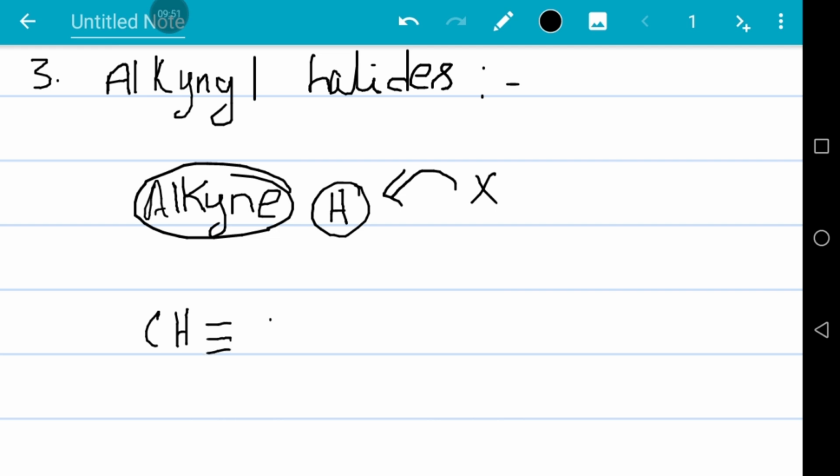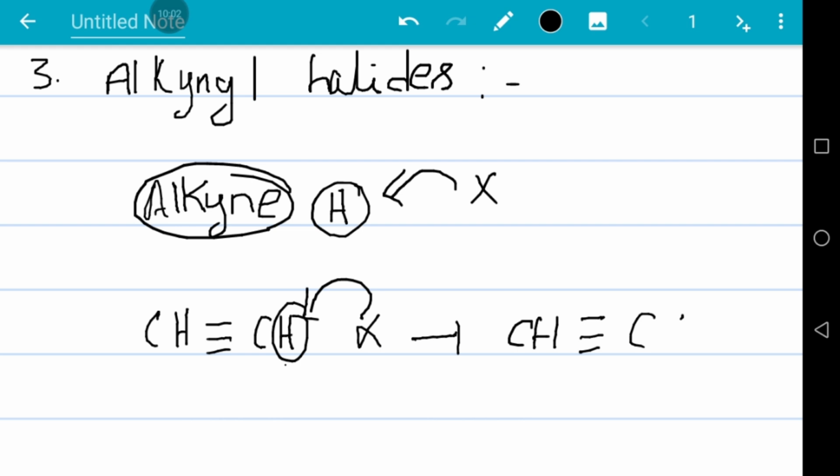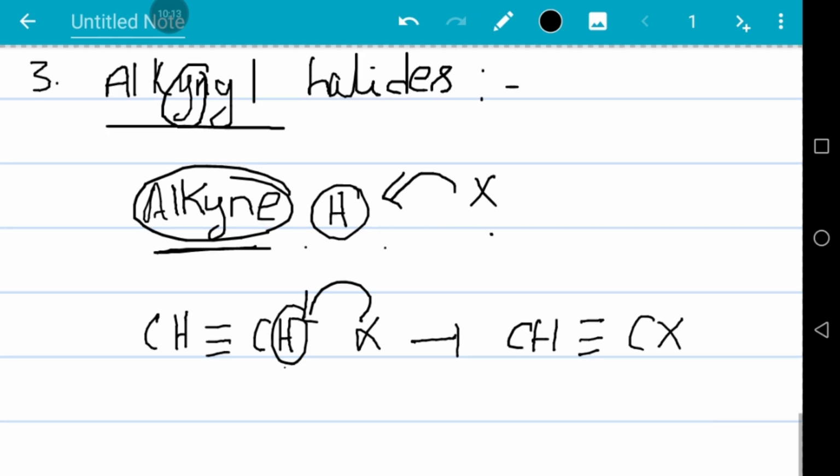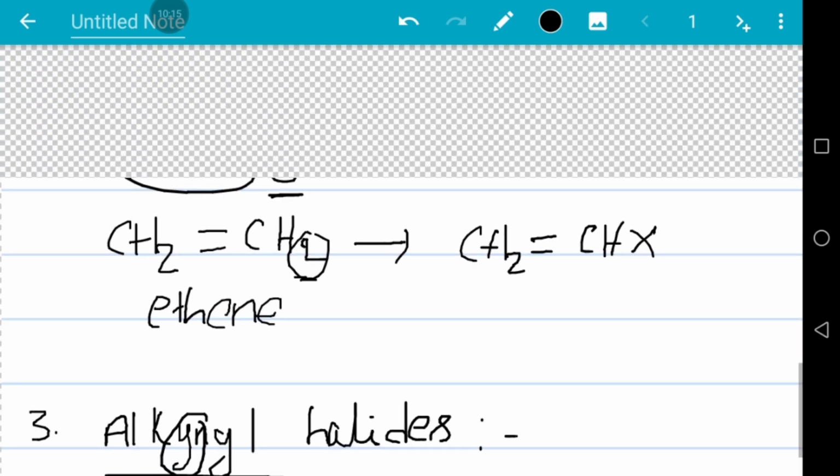For example, CH≡CH. Here in the place of hydrogen, a halogen is replaced. Then CH≡CX. So these are called alkynyl halides. So from the alkyne, when hydrogen is replaced by the halogen, alkynyl halides will come.